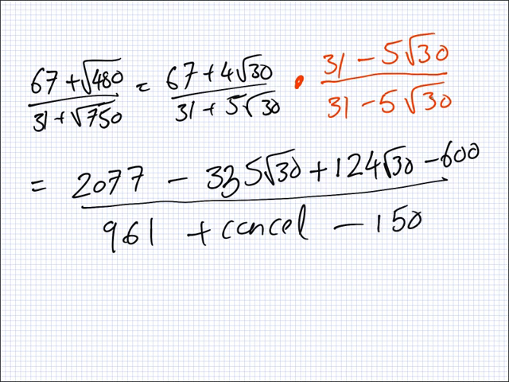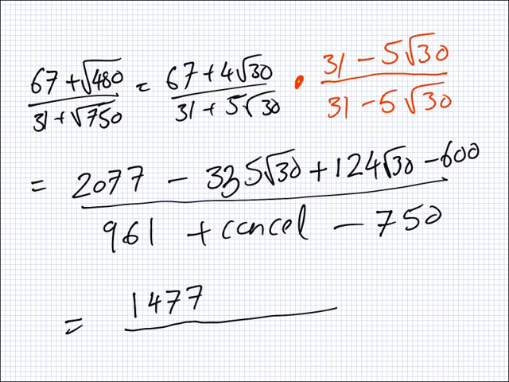5 root 30 times 5 root 30. That's 750. Okay. So, how much are we left with on the top? 2077 minus 600. So, what's that? 1477.